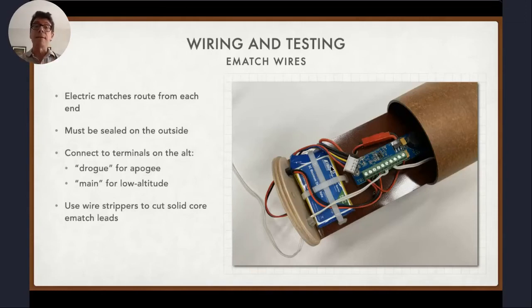And then when you bend it, it becomes very fragile and it could break. And sometimes, if you're unlucky, you won't even notice because one will be broken and one will be connected. So it'll look like they're good, but you don't have continuity. So again, I strongly recommend using proper wire strippers when you're dealing with solid core wires.